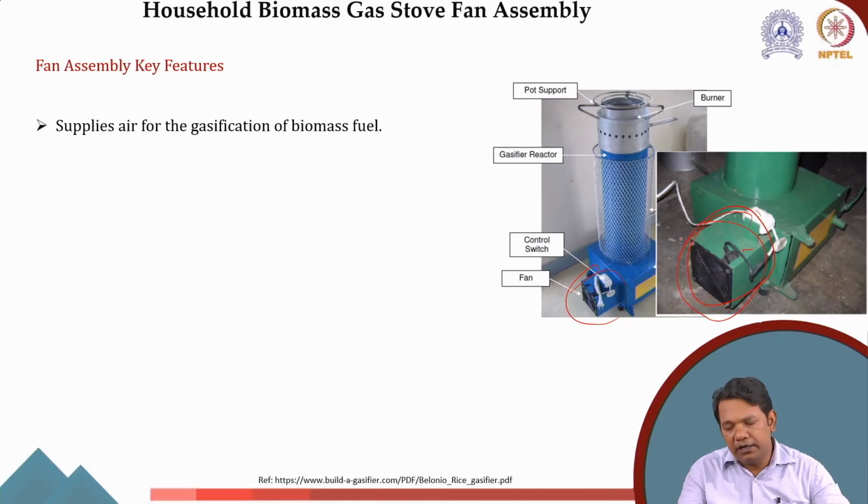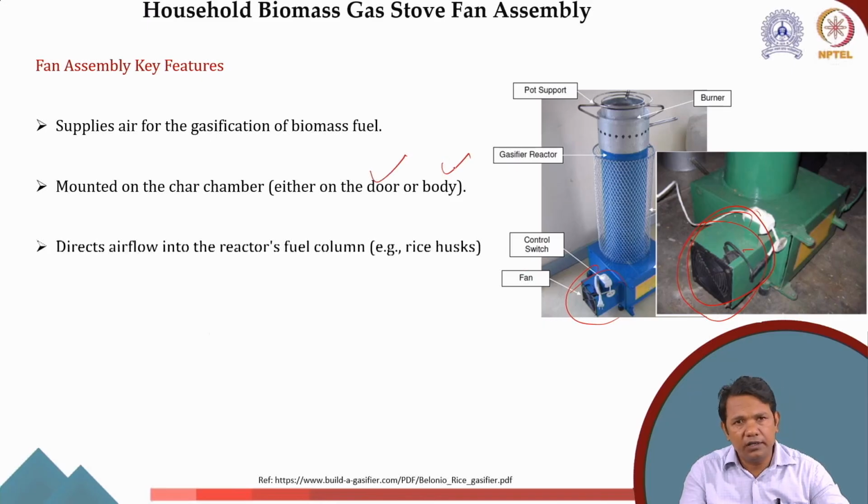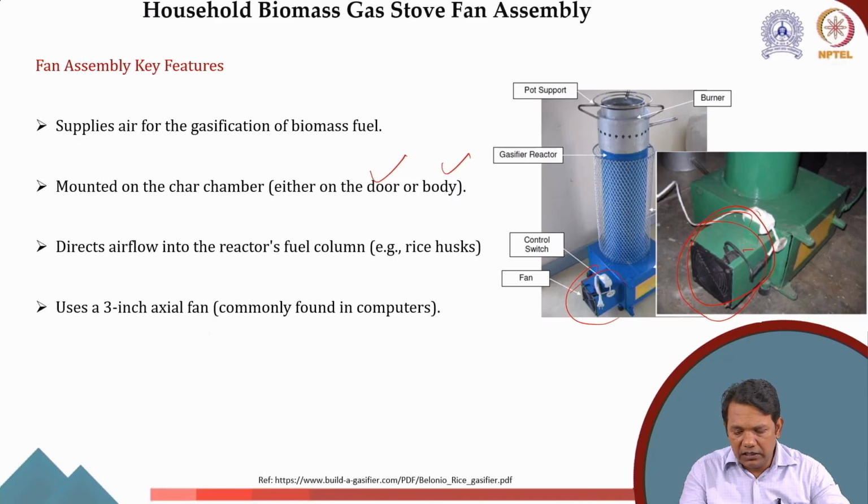Its primary job is to supply the air for gasification of biomass fuel. It is usually mounted on the fuel chamber, as you can see here, either through the door or through the body. It allows direct airflow into the reactor fuel column, and for that it uses a 3-inch axial fan commonly found in computers.